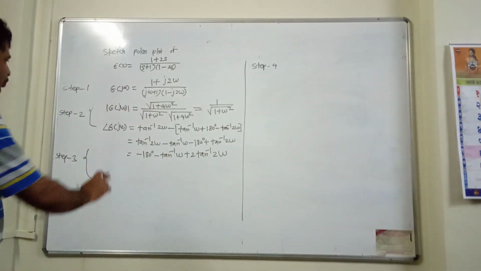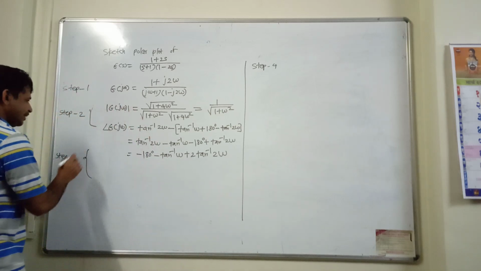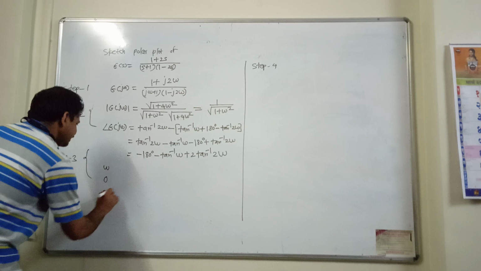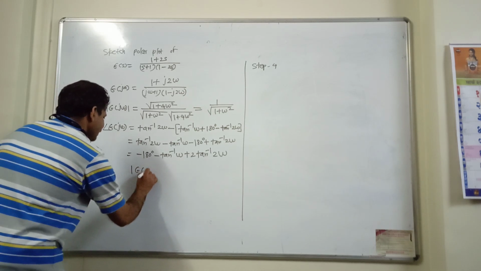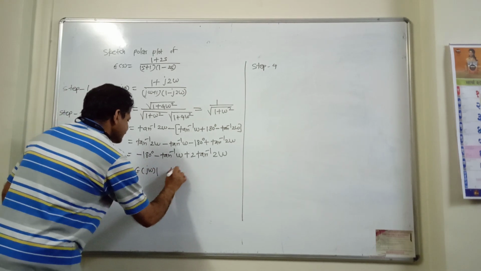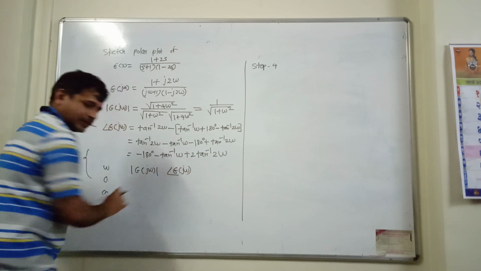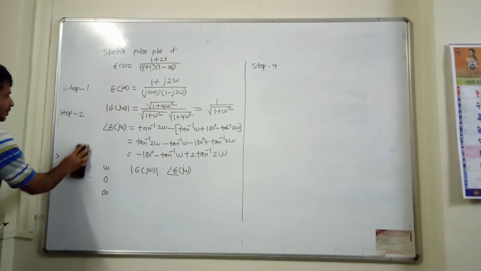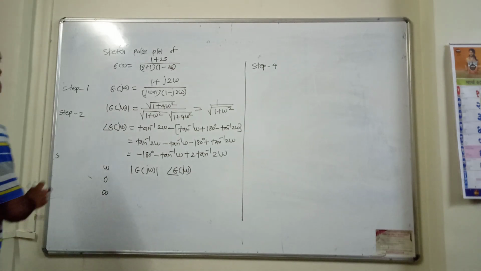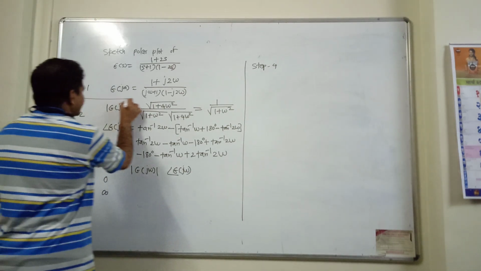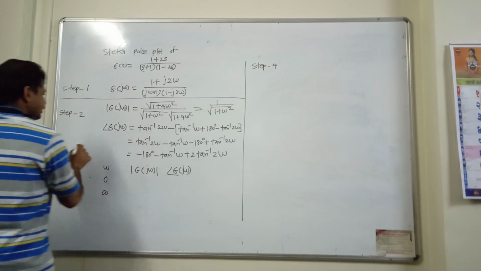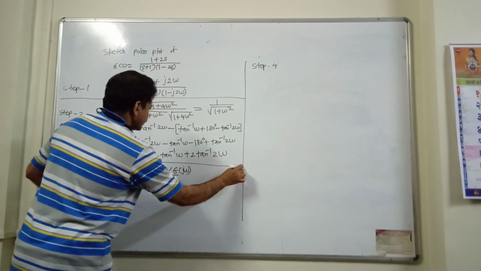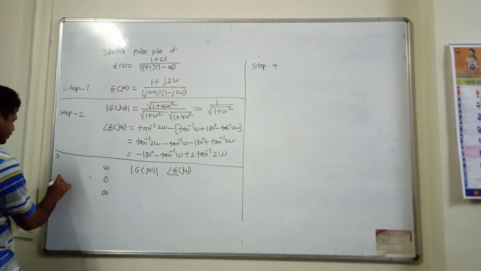So this is the angle we got, and then in step 3 we get omega 0, infinity, and magnitude and phase. So this was step 1, then this is step 2, then this is step 3.